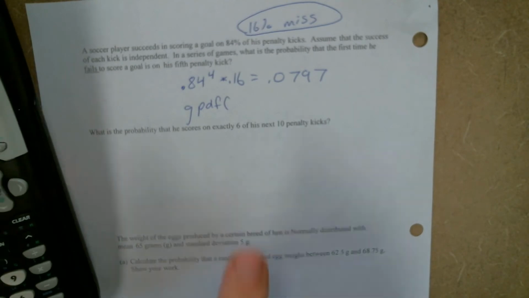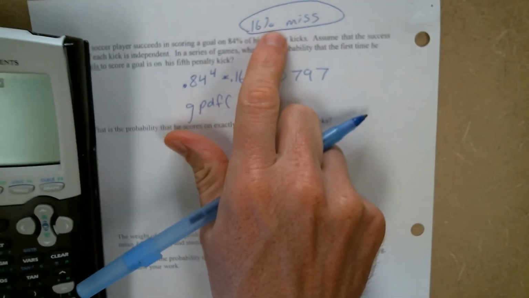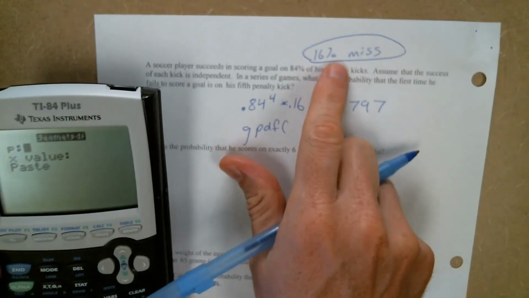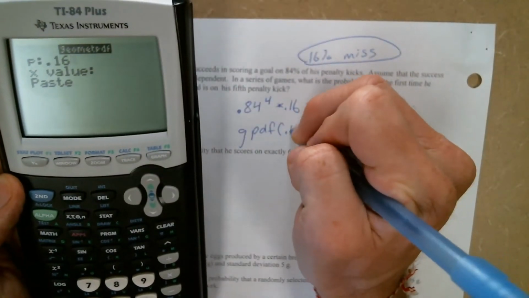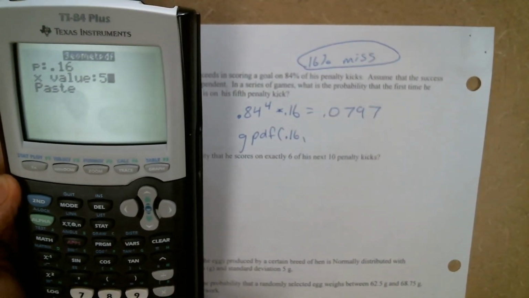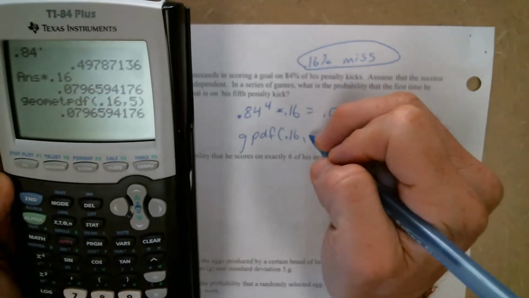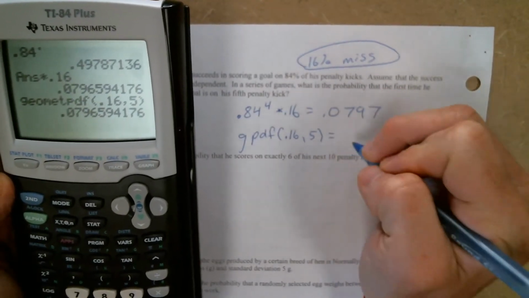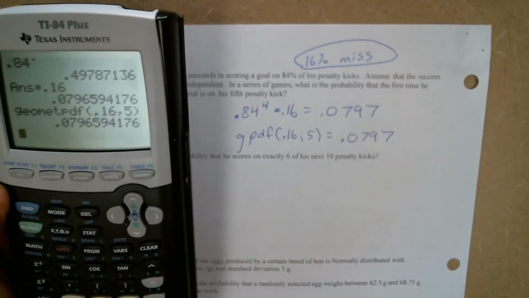Again, the probability. Now, you have to be careful here because, yes, he makes it 84% of the time, but we're really counting how many times until you miss. So the probability that we'd be using in here is 0.16. And we want to know what are the odds of it happening on the 5th try. And you're going to see you get the same result. All right, so I don't care which way you do it. Just make sure you're getting to the right spot in the end.